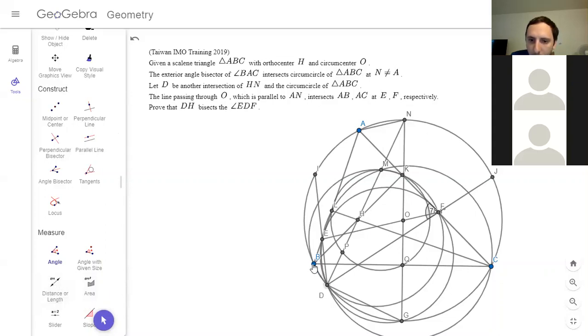I want to show that DFK is 180 minus DBK, and DFK is DFE plus AFE, and DFE.